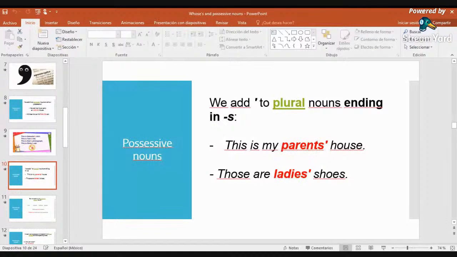In Spanish will be, esta es la casa de mis papás, okay? Then, in the second, those are ladies' shoes. Esos son los zapatos de las damas, de las mujeres, okay? But remember, in plural that ends in S, we only add an apostrophe, that's it.